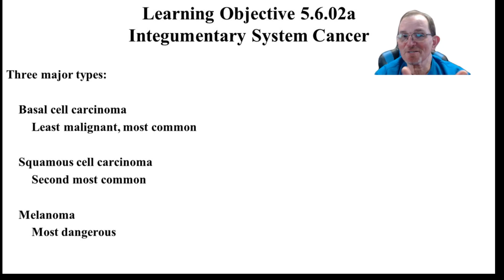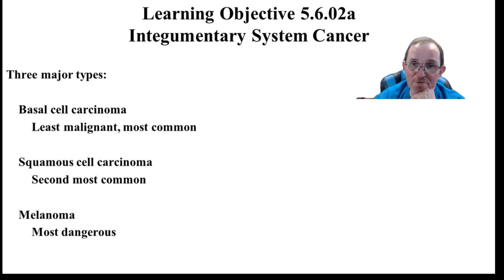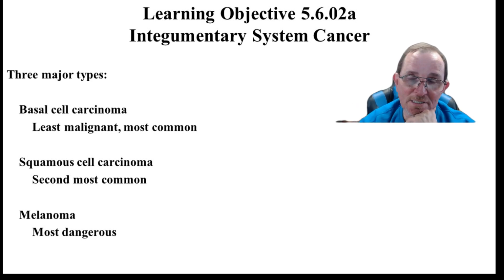The basal cell is the stratum basale. Squamous cell carcinoma, second most common, and then melanoma, which is the least common but also the most dangerous. This is the one that will kill you because it will spread to a part of the body that it should not be in and wind up interfering with a vital organ's function.